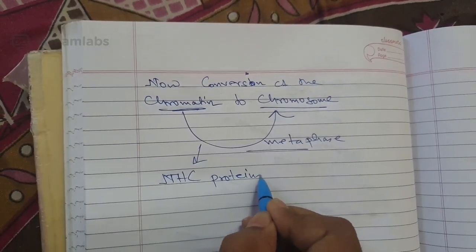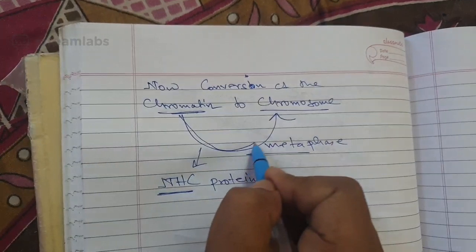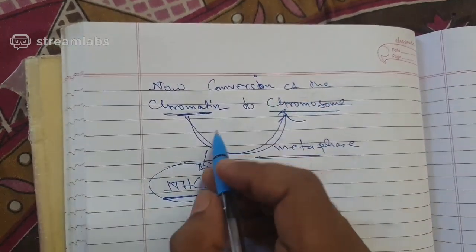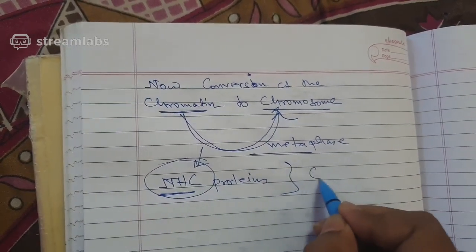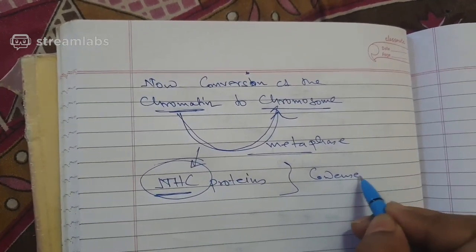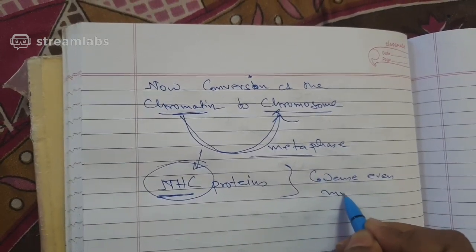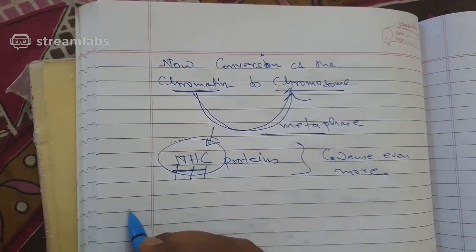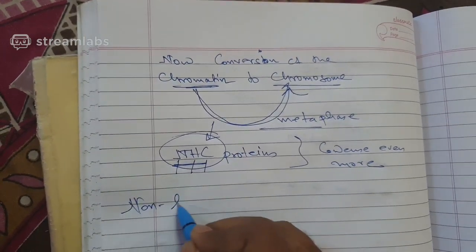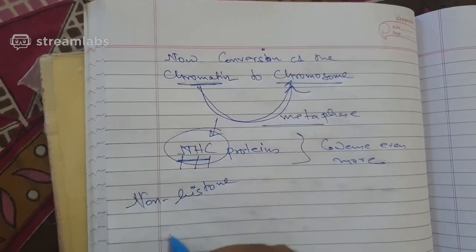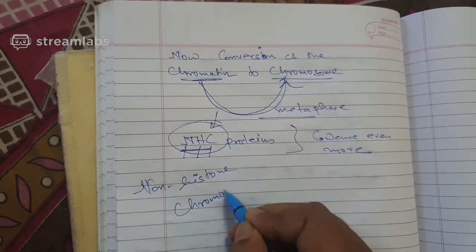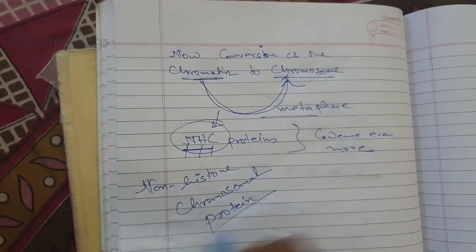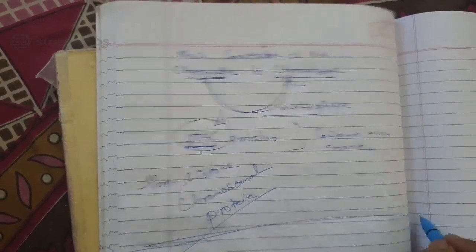Now, what is the full form of NHC proteins, which convert the chromatin into chromosome? The assistance of these proteins helps the chromatin to condense even further. Okay, so these are non-histone chromosomal proteins. So yeah, that is it.